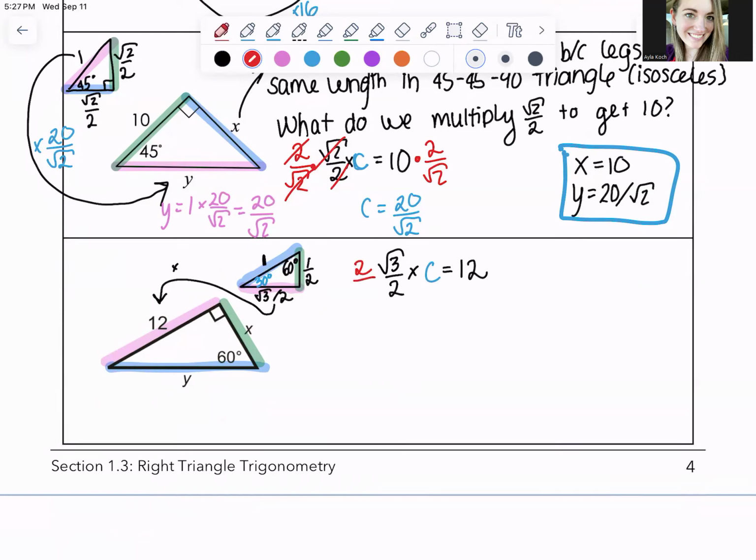I am going to multiply both sides by 2 over radical 3 because that'll cancel out on the other side. We get c equal to 24 over radical 3. This would simplify if I rationalized it, but I just don't care to.